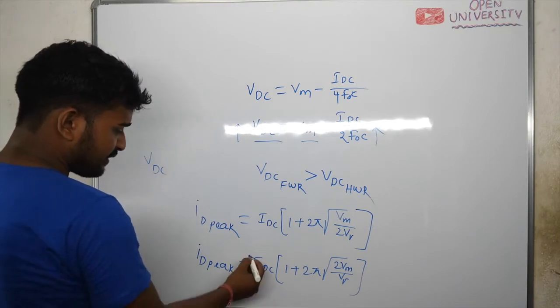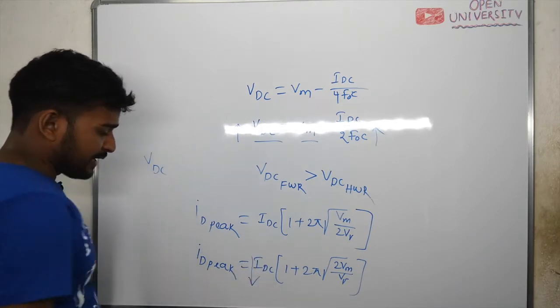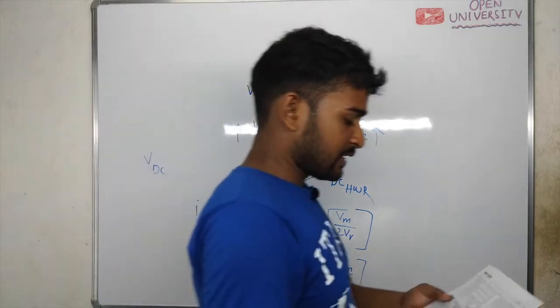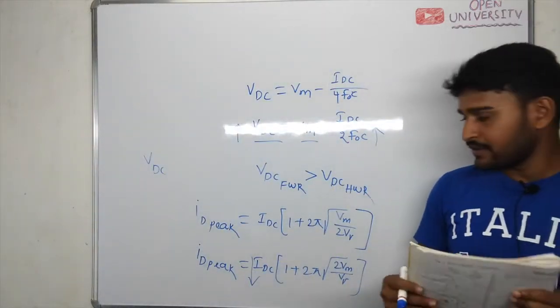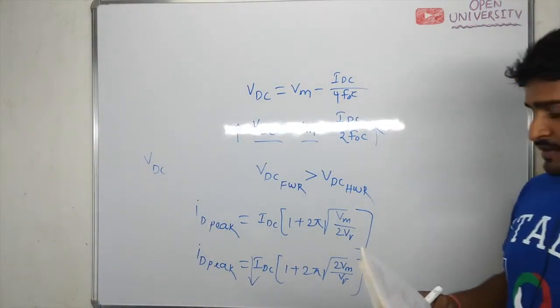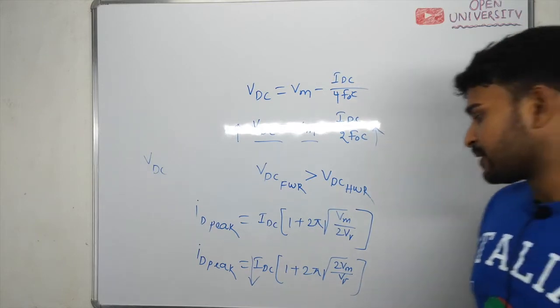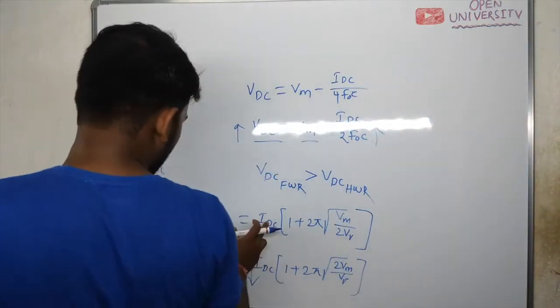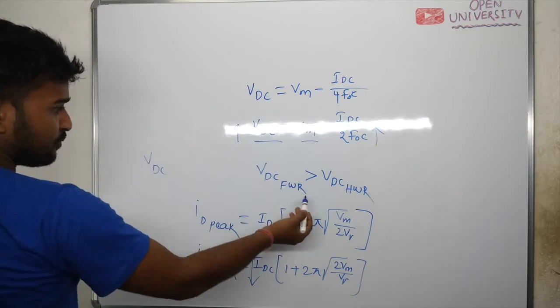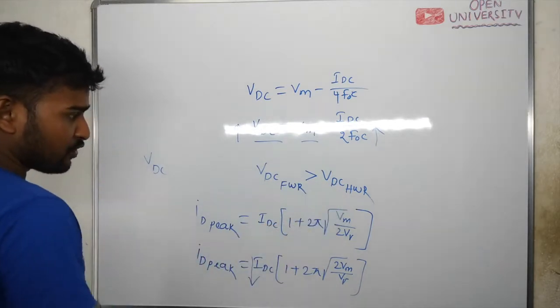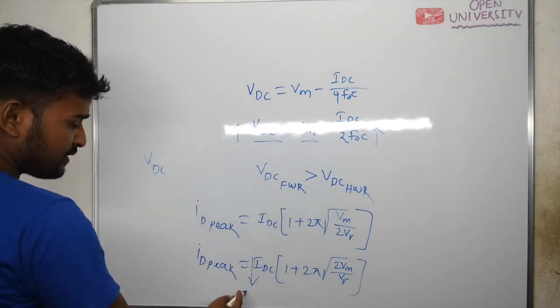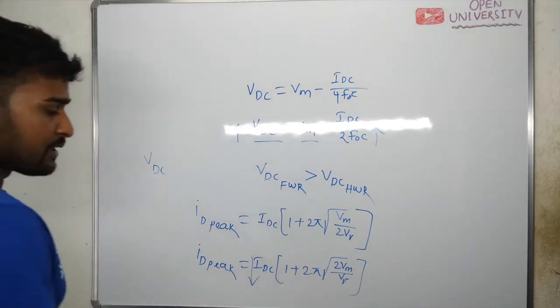From this you can say IDP will decrease. So the third option, that the source current increases, is wrong, because IDC will be lower, so IDP or source current will be less.